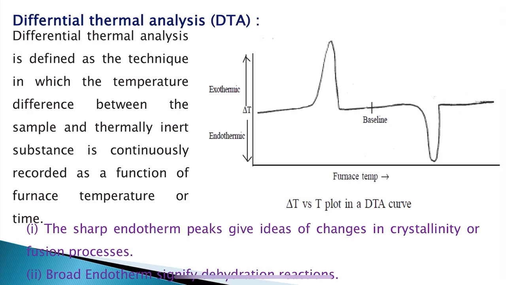Okay, so the difference in temperature, delta T, always means difference in temperature. It depends on the difference in energy between the products and reactants, or between the two phases of a substance.